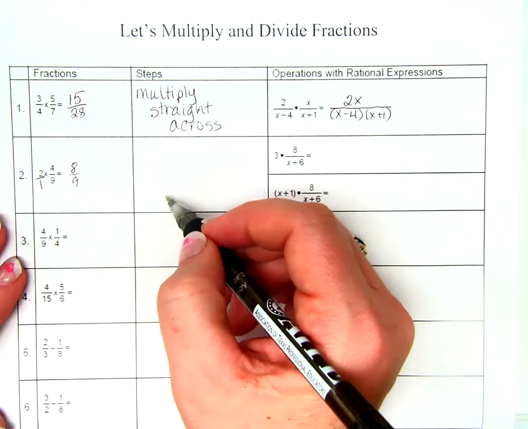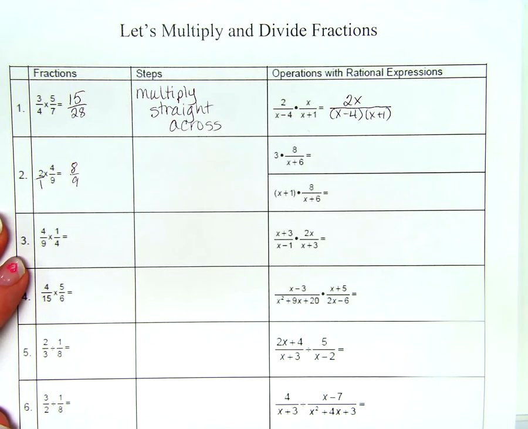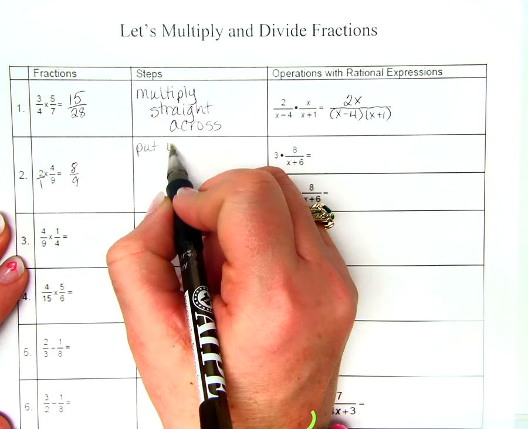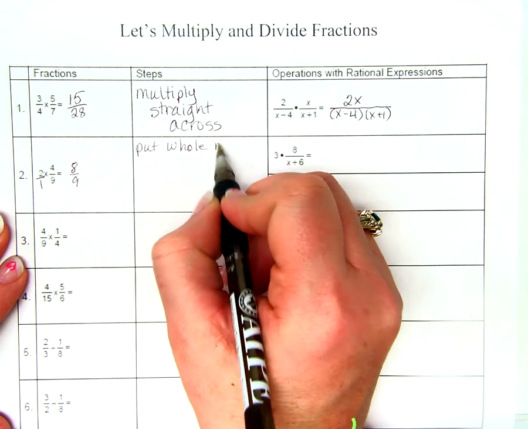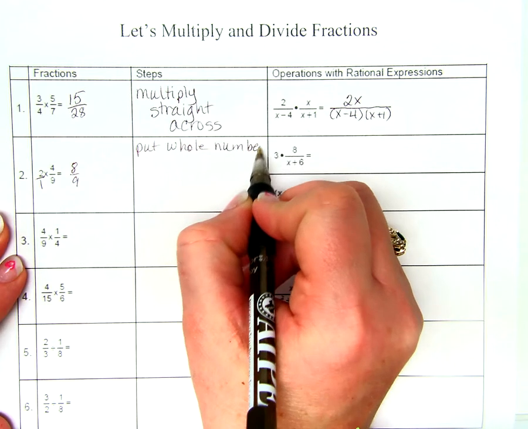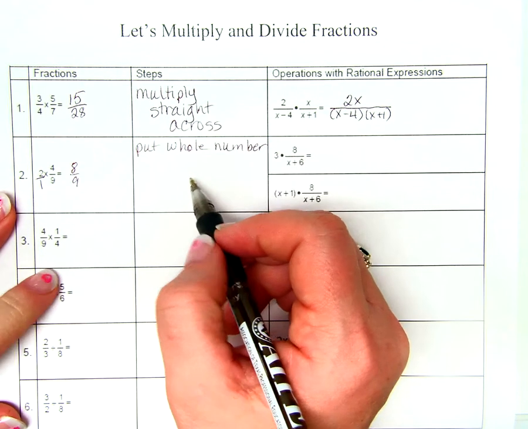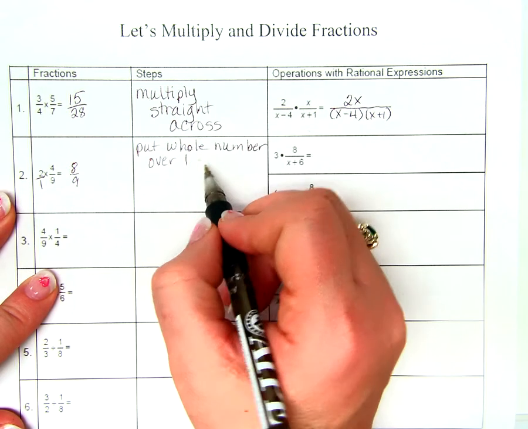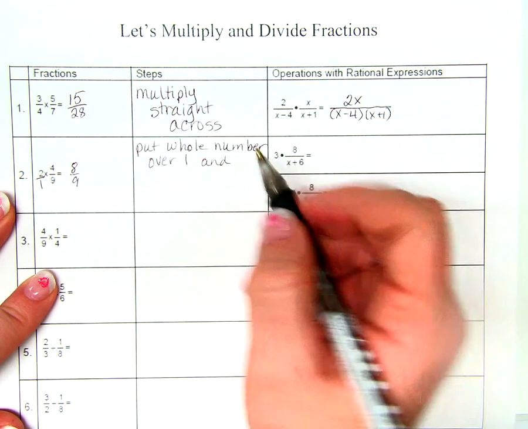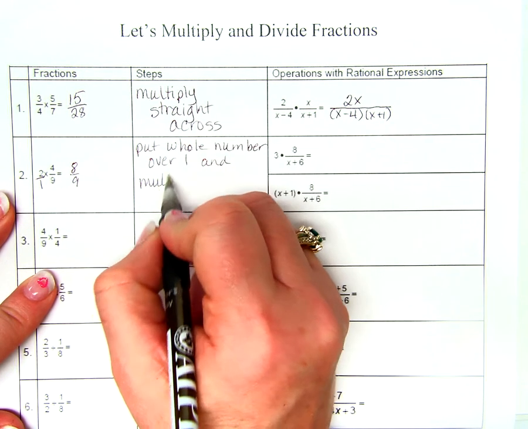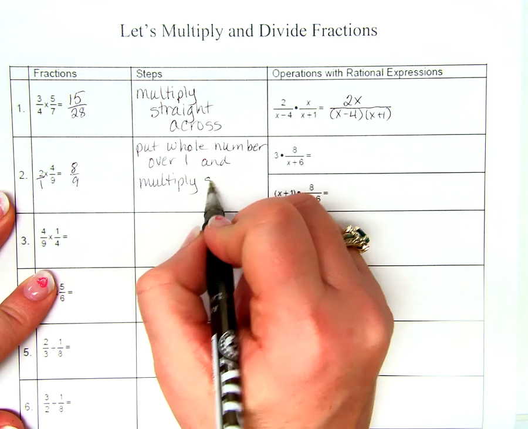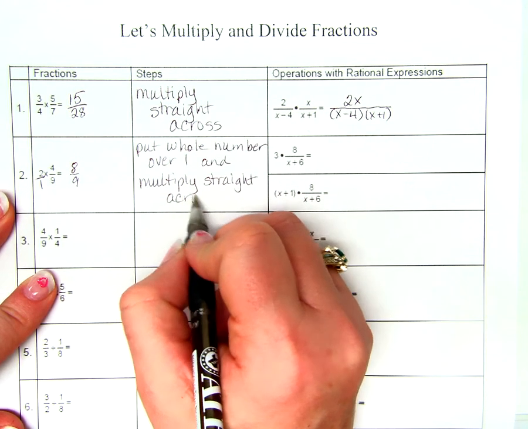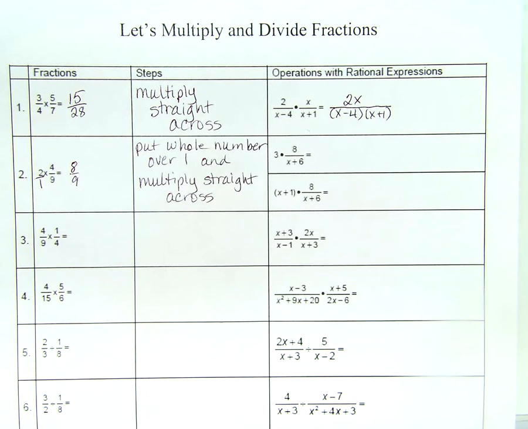So what kind of steps am I going to follow? I'm going to put the whole number. What did I do with the whole number? Over 1. Okay. And? We good?